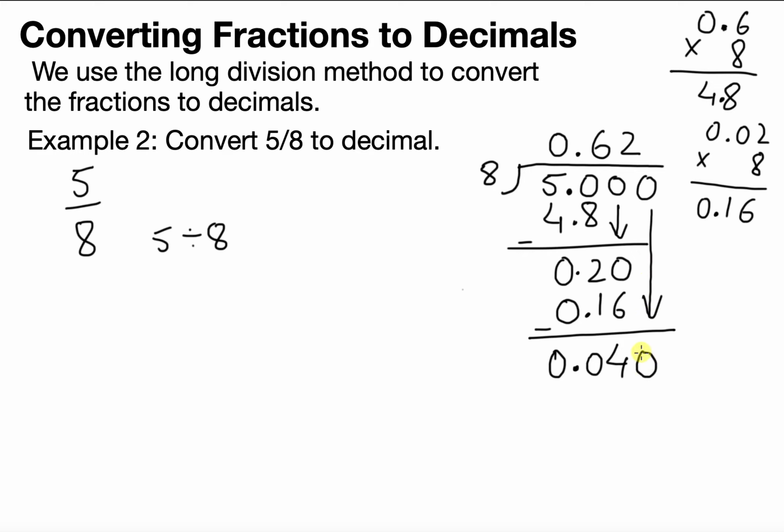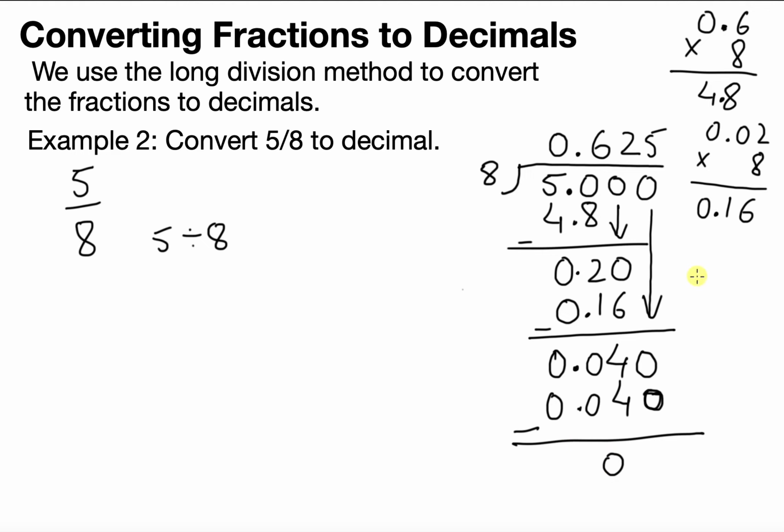So how many 8s make 40? 5 times. Minus 0.040, 0.040 minus 0.040, 0 left.